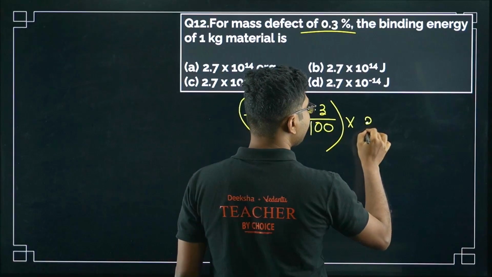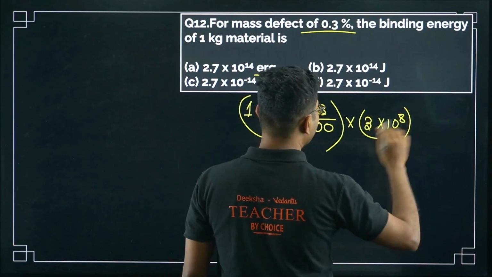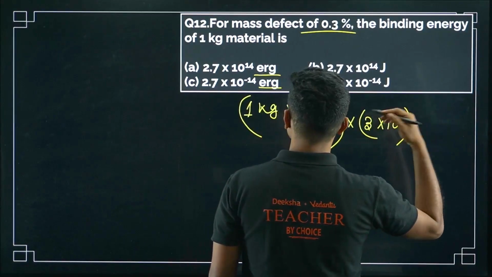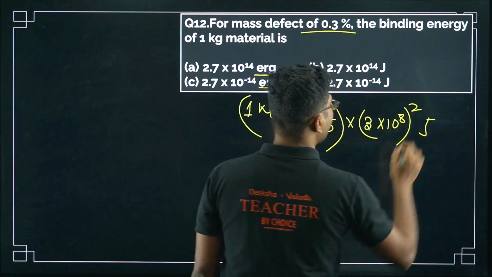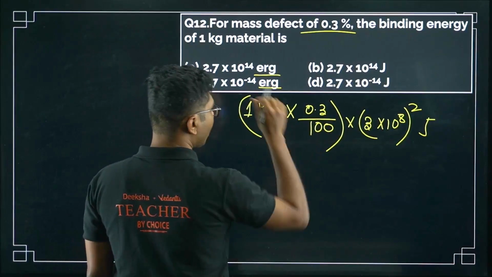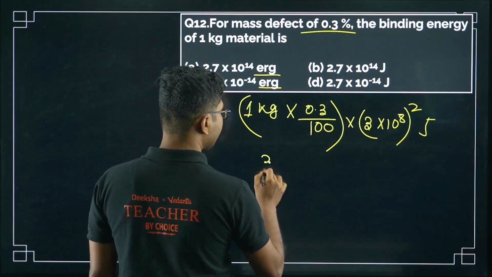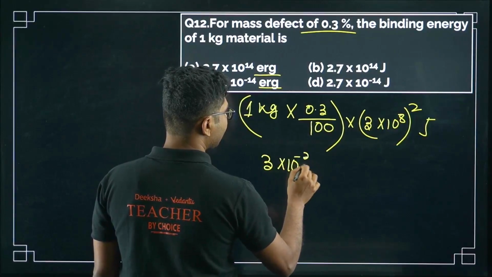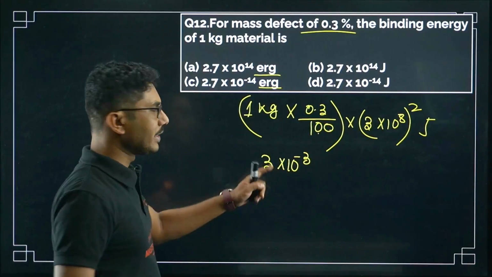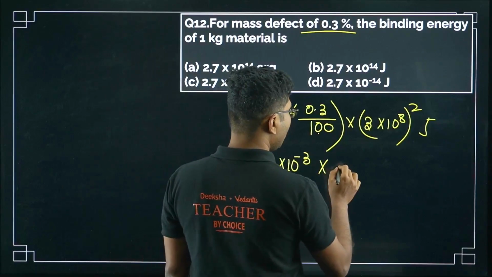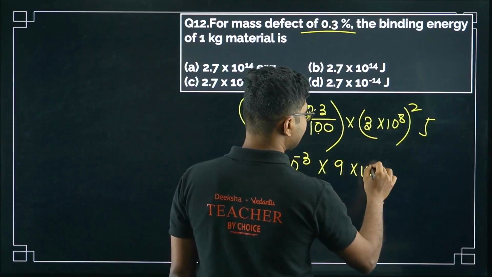C square is 3 into 10 to the power of 8 meter per second, squared. Everything we are calculating in SI unit right now. If required, we will convert it into ergs. But right now the answer is in joules. So obviously you will get 0.3 by 100, that is 3 into 10 to the power of minus 3, minus 2 from this, and 0.1 was there, we removed that point, so 10 to the power of minus 3 into 9 into 10 to the power of 16.